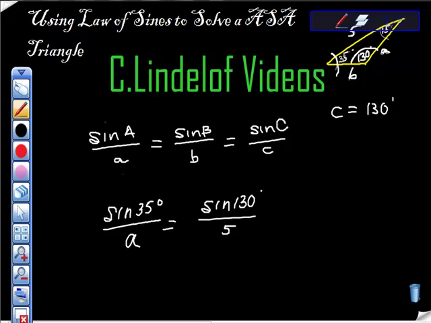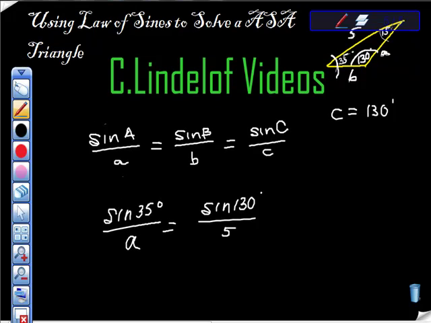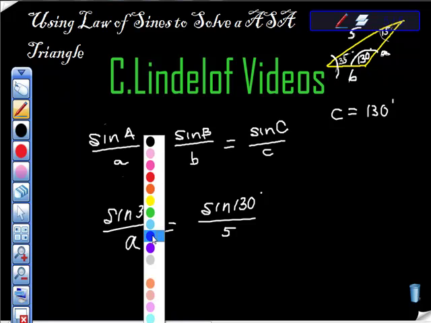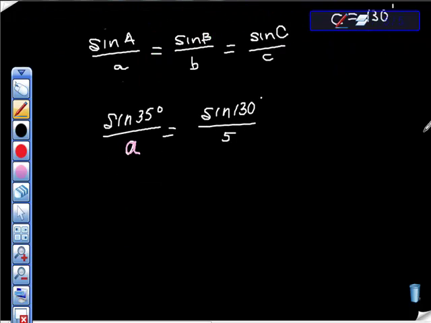Now remember, what we're looking for is A. If I do my algebra, I get that A is equal to 5 sine 35 degrees over sine 130 degrees.